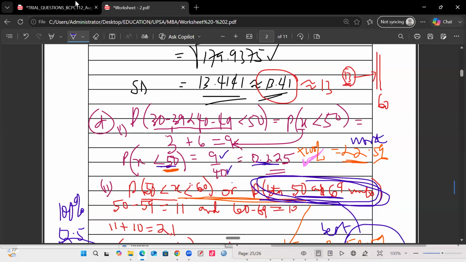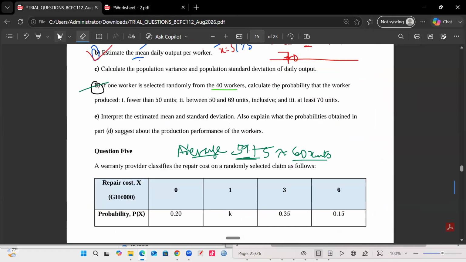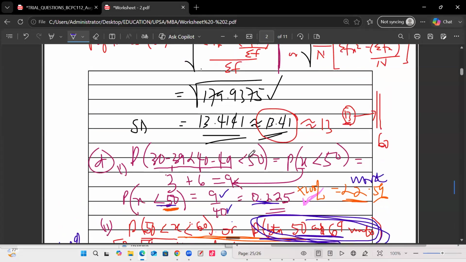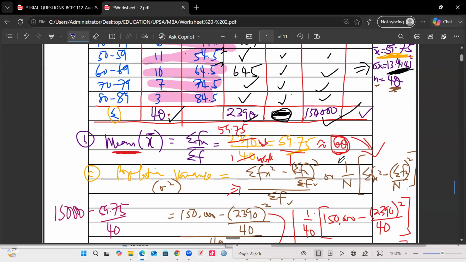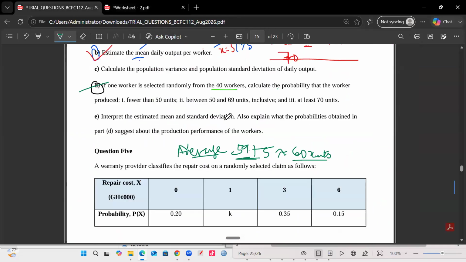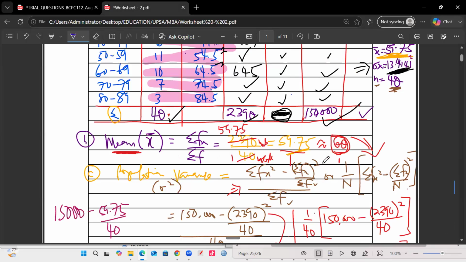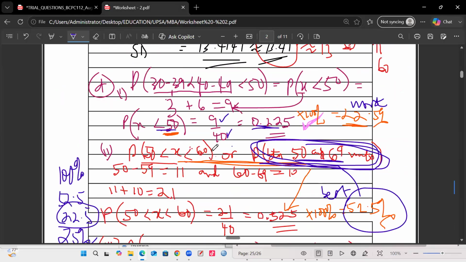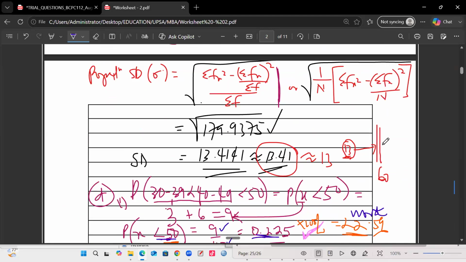So let me put everything together. Listen to me. Interpret the estimated mean and standard deviation. The mean was 60. So I will say that each worker produced approximately 60 units on the average, with a standard deviation of 13 units away from the mean.